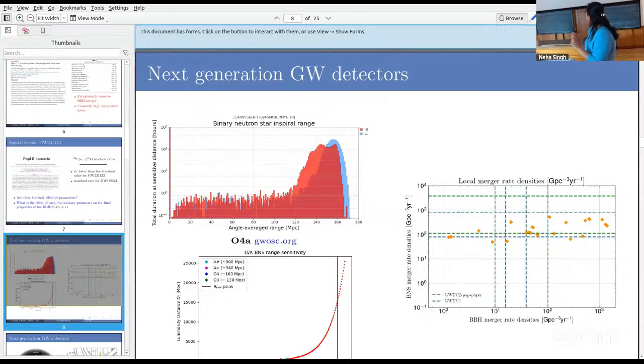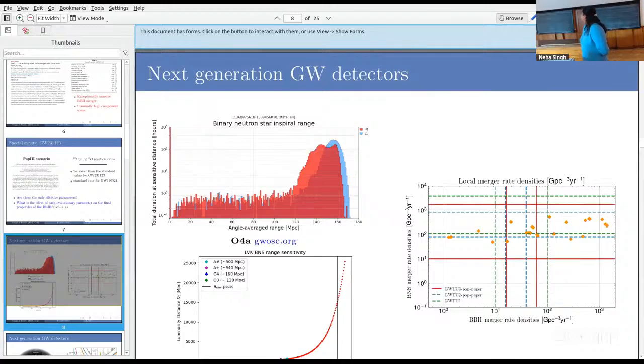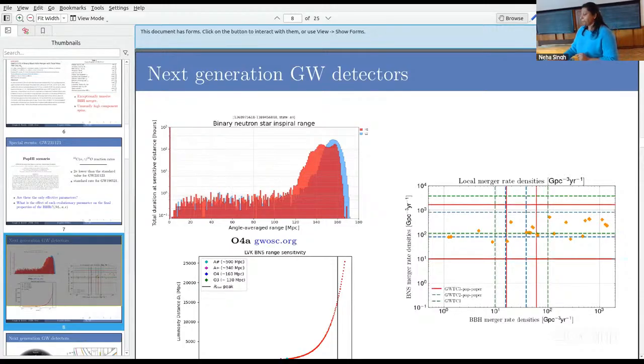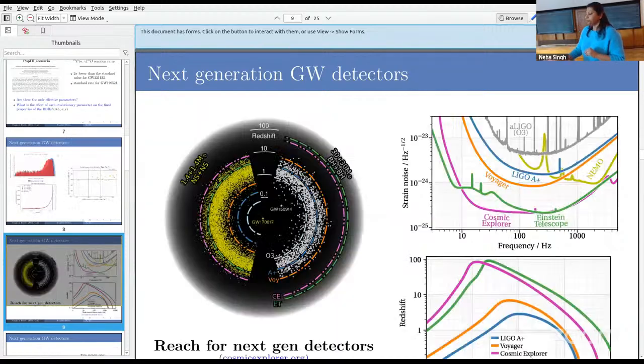It kind of shifts or maybe becomes larger in one of the axes. The x-axis is the BBH merger rate, and the y-axis is the BNS merger rate density. So what we know is, even though we have so many detections, the merger rate constraints have large error bars. And we only probe a very small redshift with the current detections.